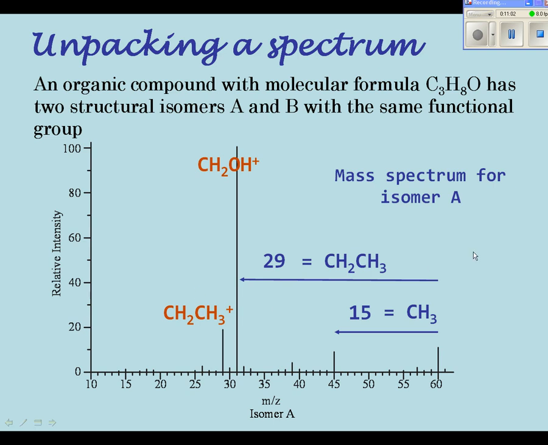So for this compound that has only 3 carbons and an oxygen, it's fairly obvious that the compound must have a chain of at least 2 carbons, and with this fragment ion we can see that the hydroxyl group is the functional group, and the hydroxyl group is attached to a carbon, so that must be the 3rd carbon.